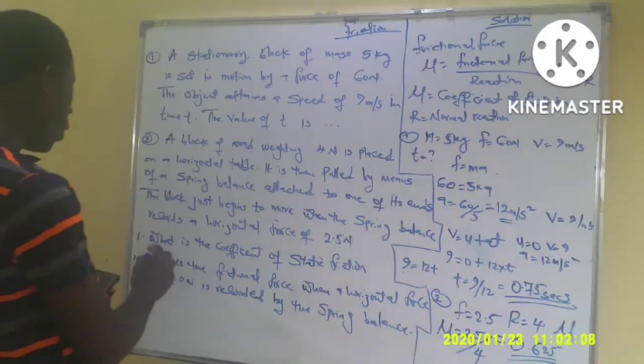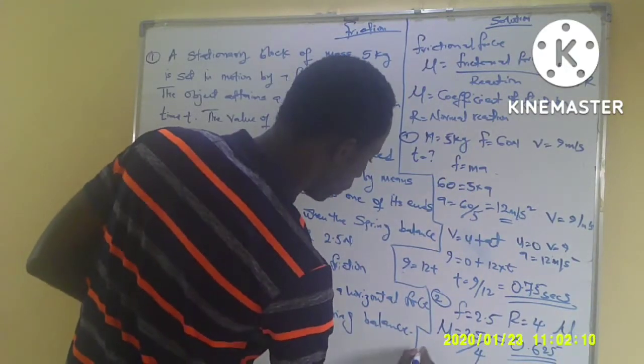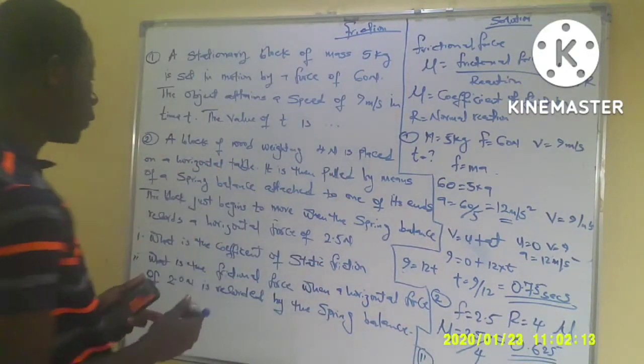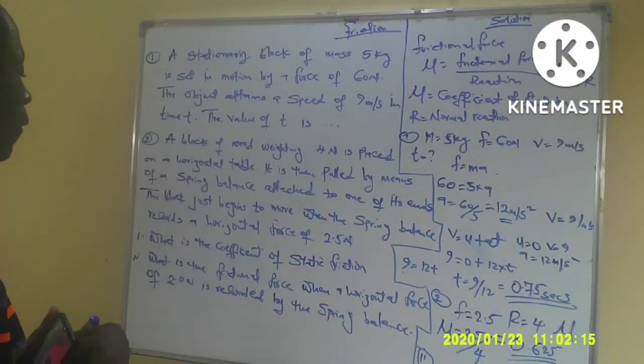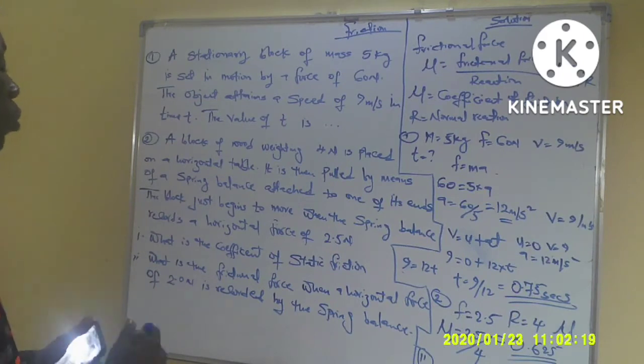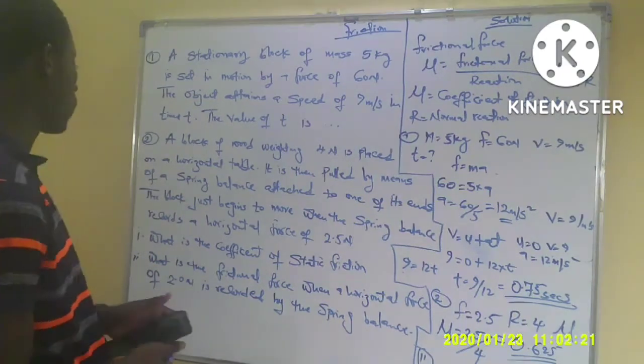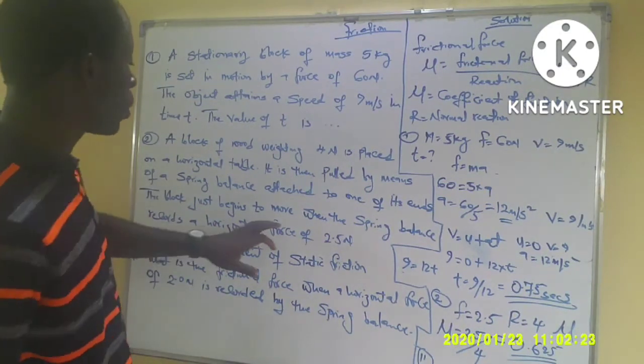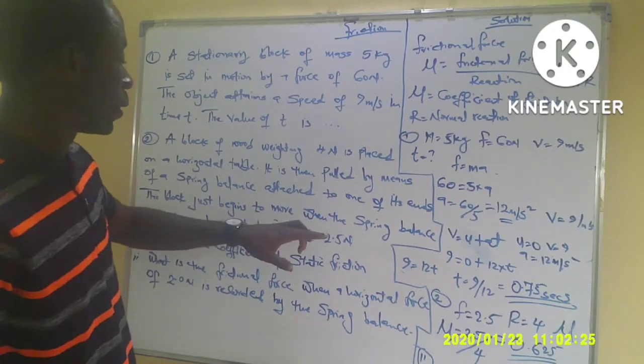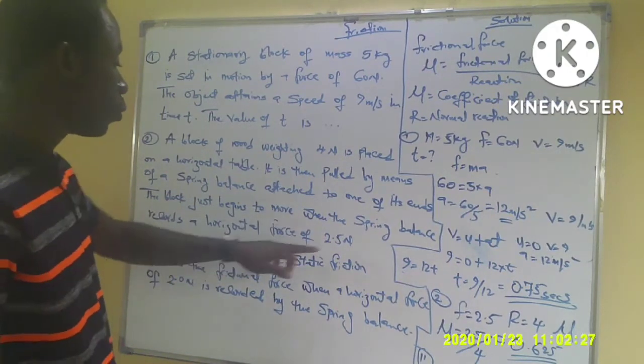Now, the second question is, what is the frictional force when a horizontal force of 2.0 Newton is recorded? Now, note, it has been made known to us that the force that moved the body from its rest is 2.5 Newton.